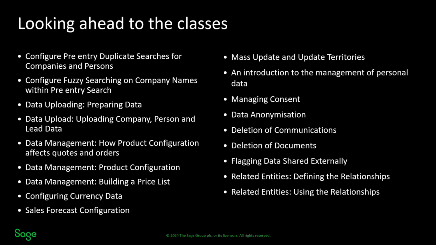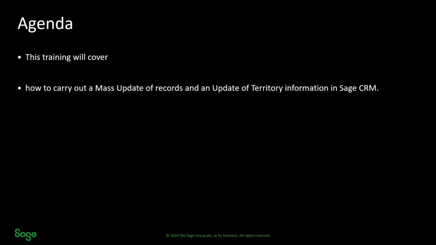Our focus here is starting to move away from the configuration of the system, things like the orders and quotes and the currency within the system, and back into being focused on information around contacts. This is about the management of contacts and carrying out mass operations on those records.